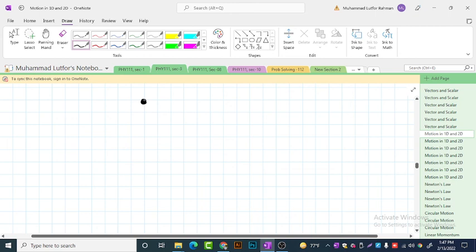I want to find the velocity of that particle just right after that point, which is that one. Although I drew a bigger point, you can consider a dot between two dots. You are going to find the velocity between these two points, and these two points are very close to each other. So how are we going to find that mathematically?